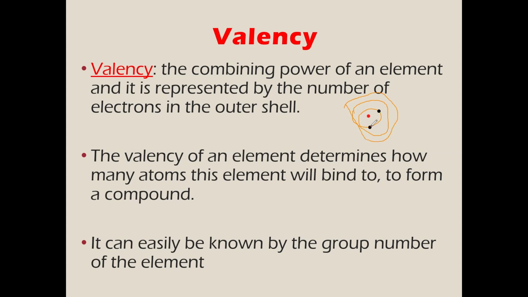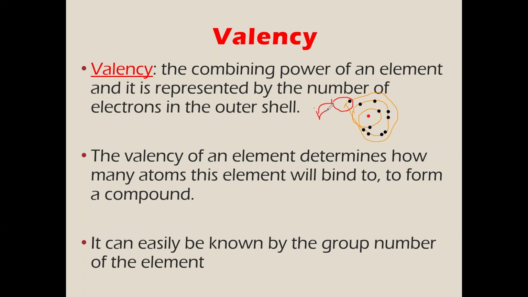Two electrons in the first shell, 8 electrons in the second shell, and 1 electron in the outermost shell. So this electron is the valence electron. The outer shell contains 1 electron, so the valency of sodium is 1.